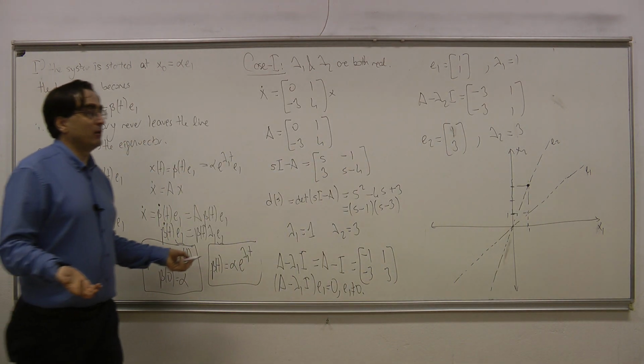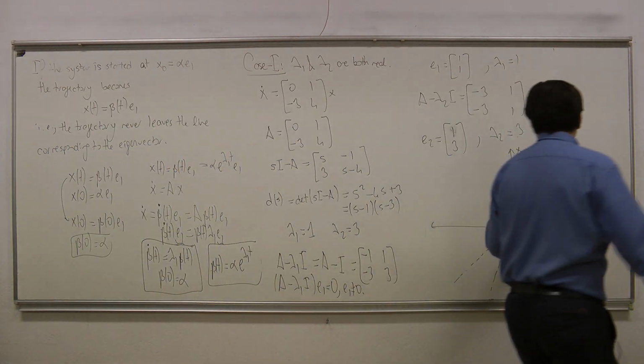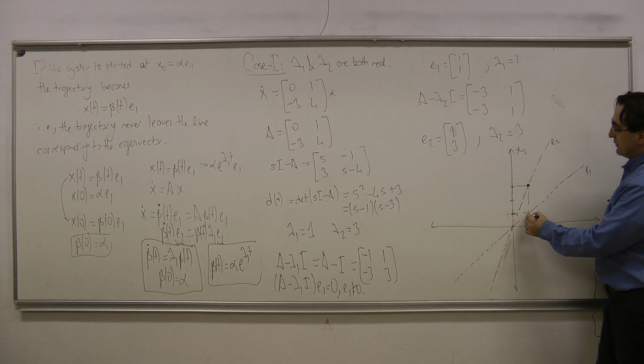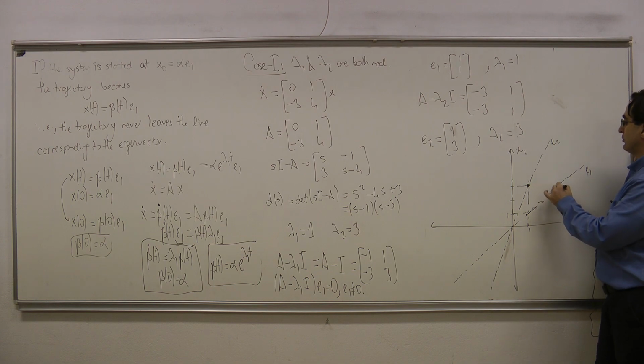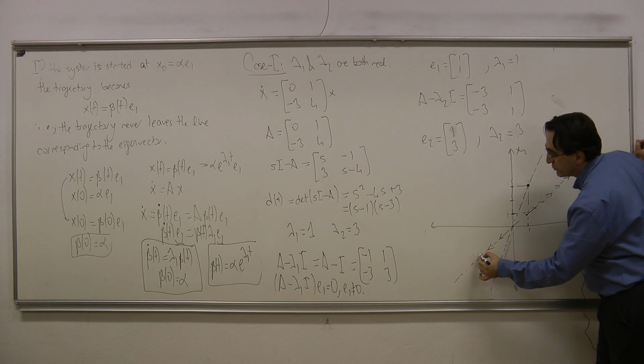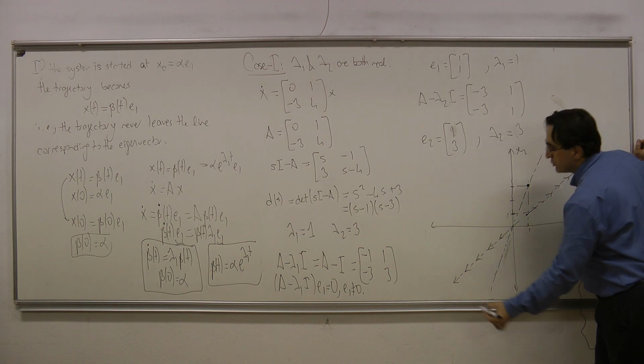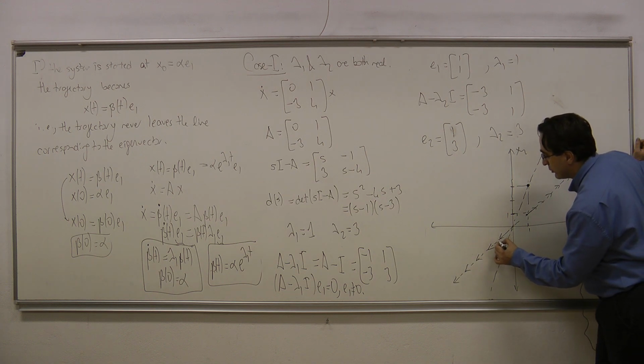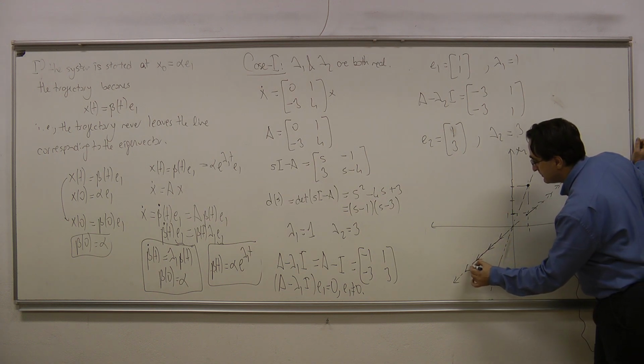Now, what do I do about the motions? If I start my state somewhere here on this line, then I know that the state is going to diverge towards infinity, okay? So on this line, the motion lines are going to be pointing away from the origin. They would be pointing towards infinity.